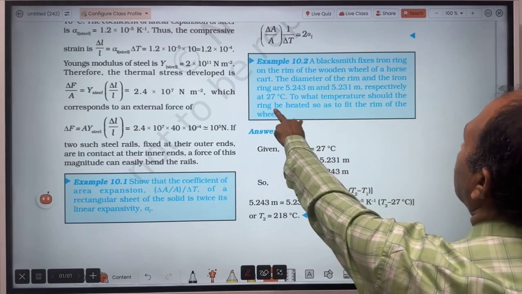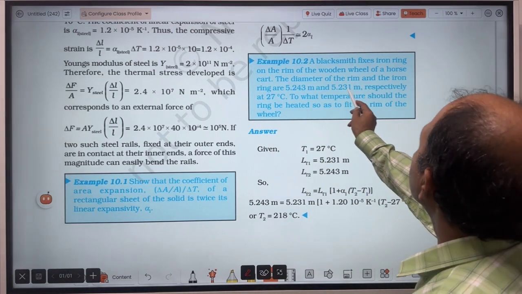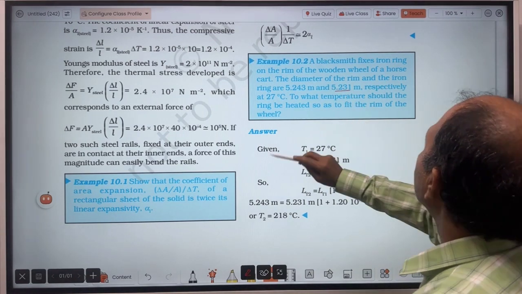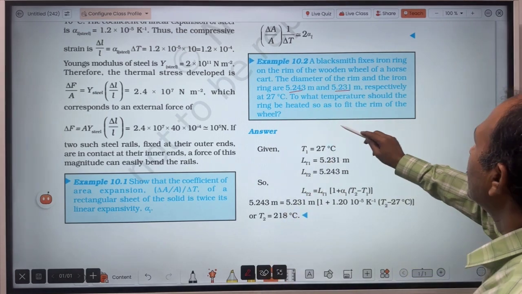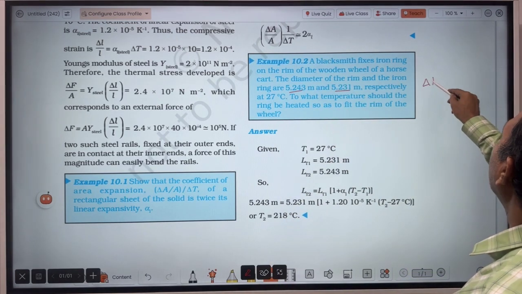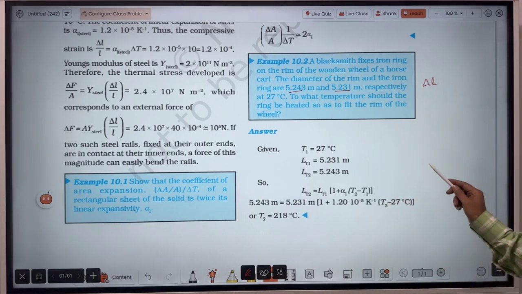To what temperature should the ring be heated so as to fit the rim of the wheel? It means we need this to become this. There is a length change, so that will be delta L, the difference of the two.